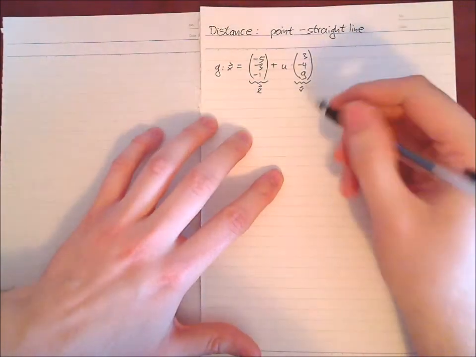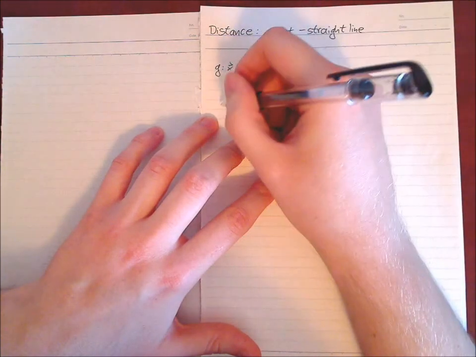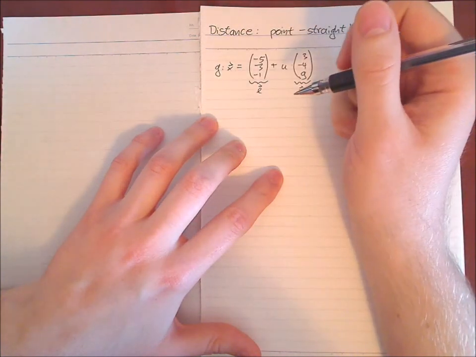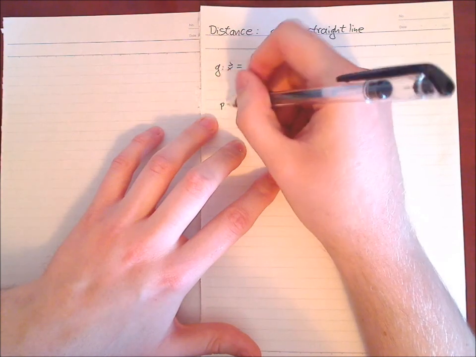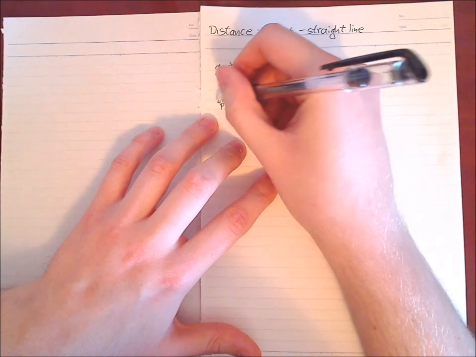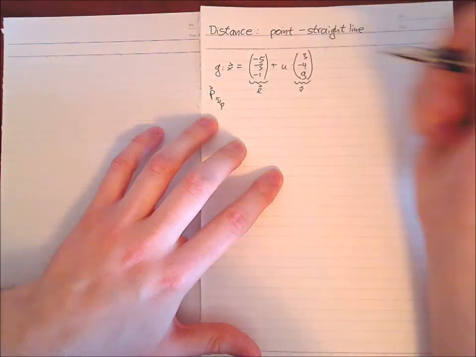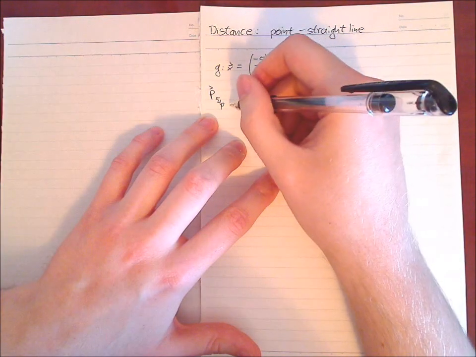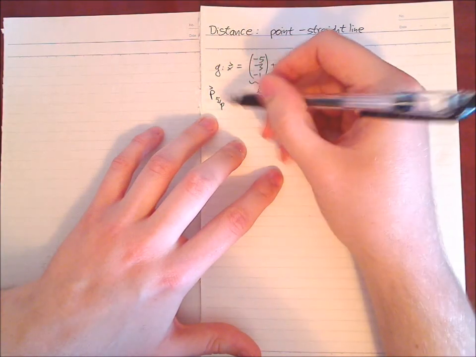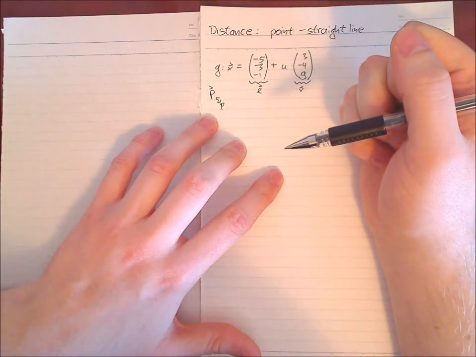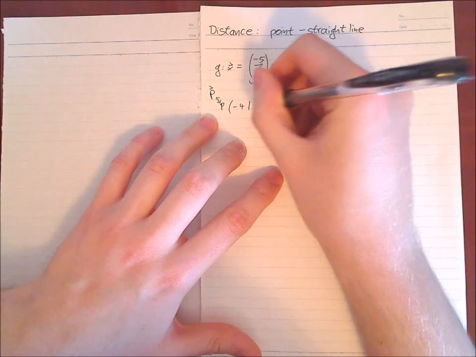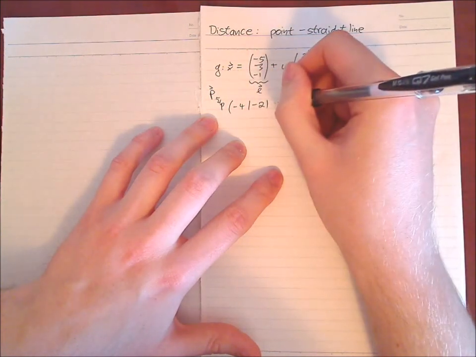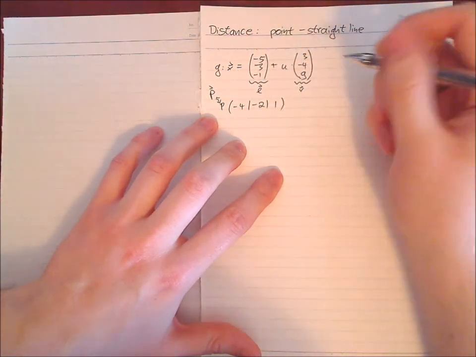And we have a point, which is, let's say, P, and the vector according to P we also call vector P. But don't be confused, one is the point and the other one is the according vector. It is (-4, -2, 1).